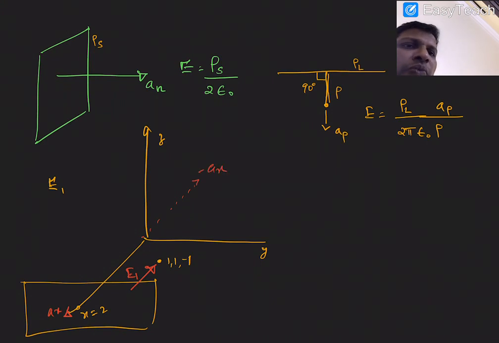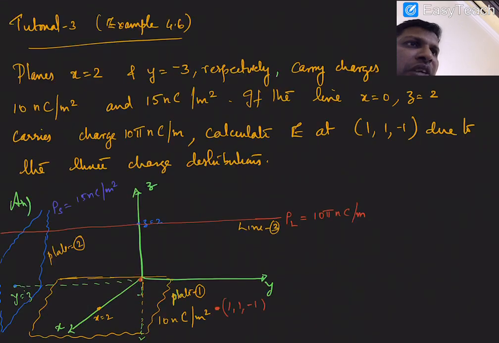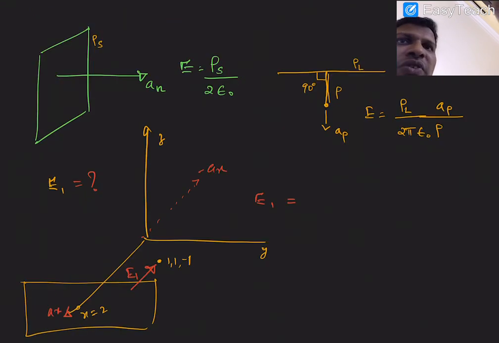The electric field for the plate number 1 is given as rho s1 divided by 2 epsilon 0 into minus AX, because it is towards minus AX.